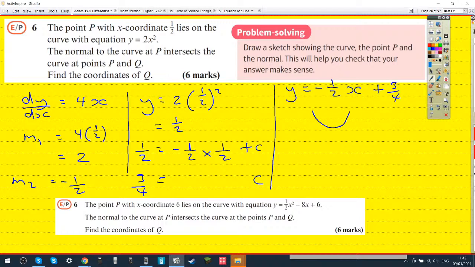So you've got some quadratic curve. You have some line going through it. This point is P that we had, where x is a half and all that. We want this other point Q. How would we get that?